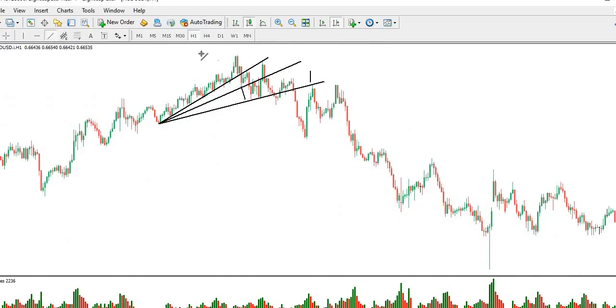Look at the chart: this was the last high the market has created in the uptrend. The market didn't break this high. This was a strong resistance point which the market didn't break to the upside.